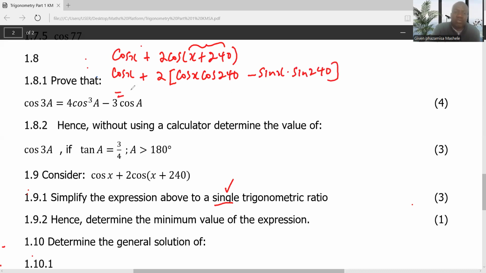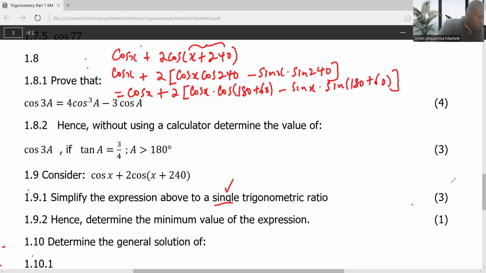So if we simplify, remember they said without using a calculator, we have to reduce 240. 240 is the same as 180 plus 60, so cos x cos(180 + 60) minus sin x sin(180 + 60). Now in which quadrant do we have 180 plus an angle? 180 plus an angle is in the third quadrant, where cos is negative.